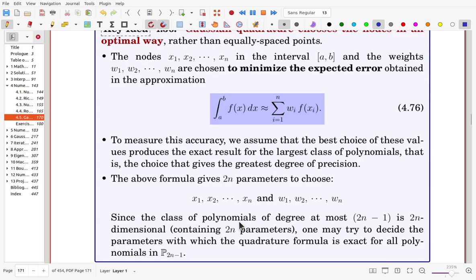Okay. Then here we have 2n parameters, x1 to xn and w1 to wn, so that in polynomial space the choice is now degree 2n minus 1 of a polynomial, because it can be decided along with 2n parameters.